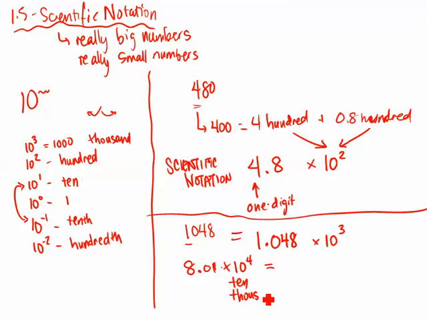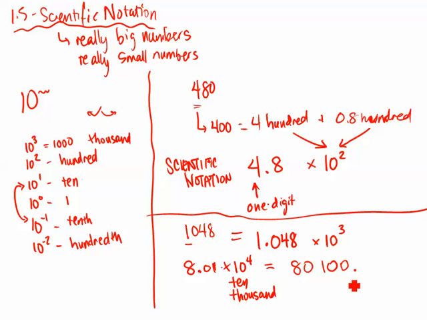So if we convert back to standard, we see that this is 8 10,000s, or really 8 10,000s is 80,000. So we have 80,000 something. We see the next digit is a 0, and then the next digit is a 1. But we need to make it 10,000, so 80,000. Now we have to complete the rest of our zeros, and I'll put the decimal point back there to show that 80,100 is the actual answer.